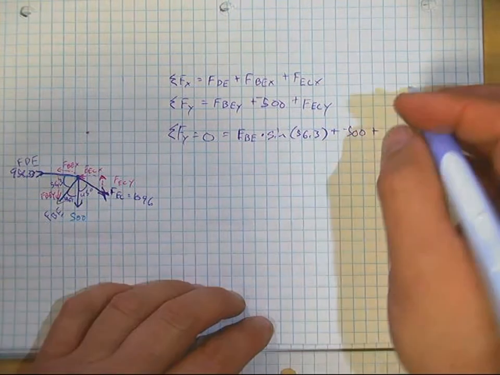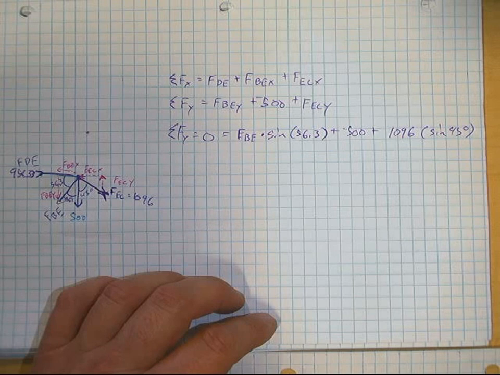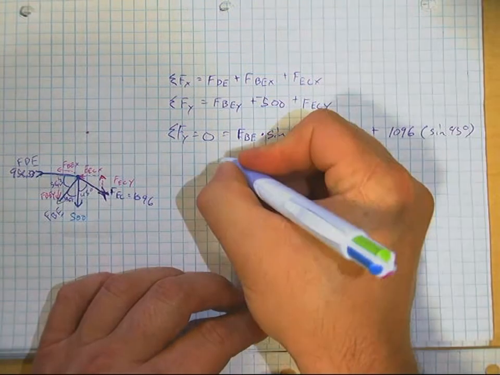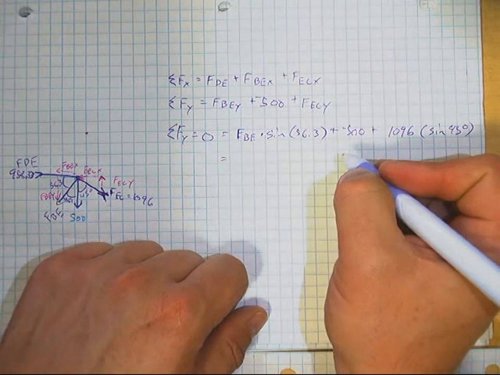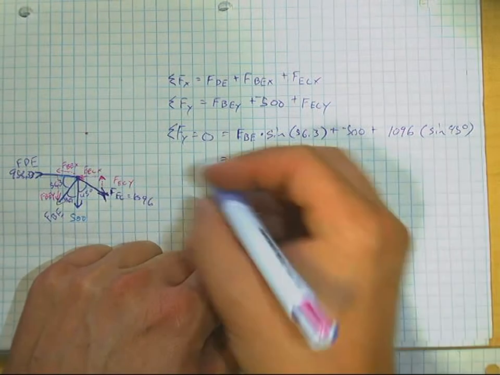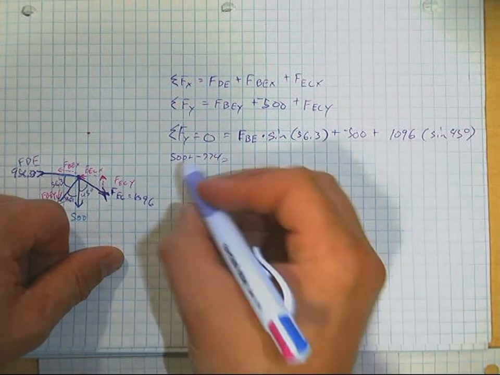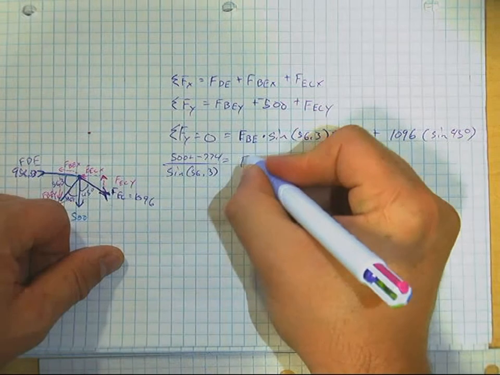So we're going to end up with 500 plus negative 774, all divided by sine of 56.3, and that's going to equal FBE.